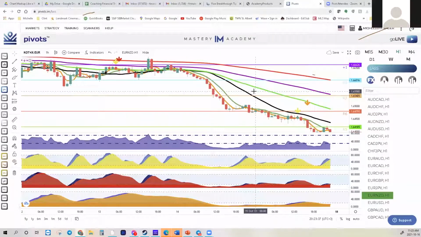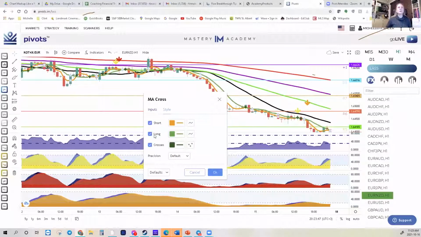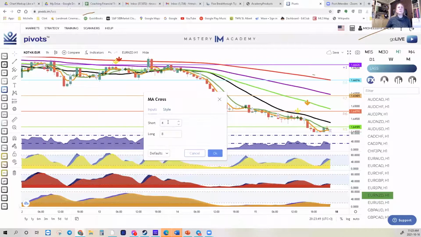Okay, so that means the same thing when you clicked on, I think it was the 4-8, it said long and short. So this is long and short. Now, it basically means that you're putting your smaller value in the short position and your longer value in the long position.